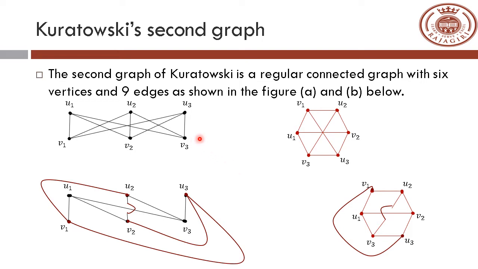If you embed Kuratowski's second graph like this, we cannot join the edges U2 and V2 without crossover. In the second figure, we cannot join the edges U2 and V3 without a crossover. Therefore, Kuratowski's second graph is also non-planar.